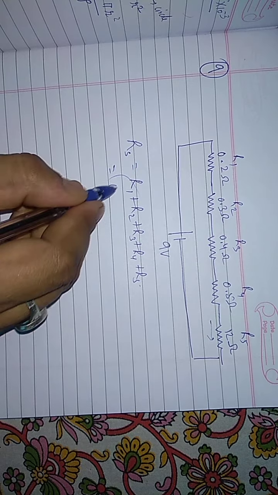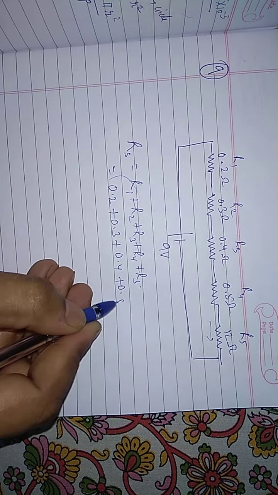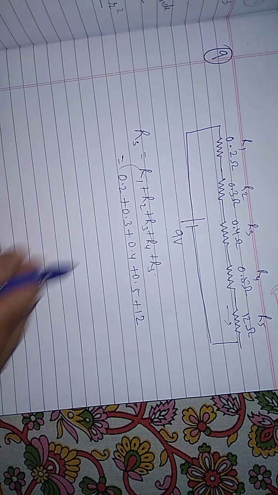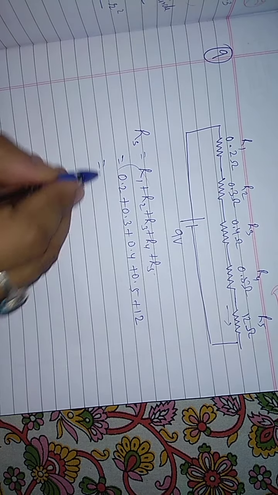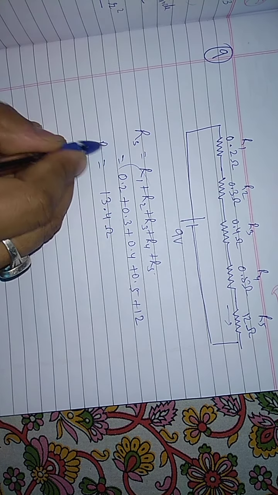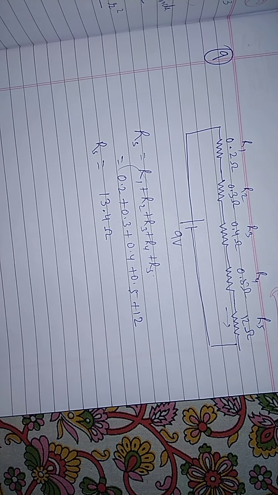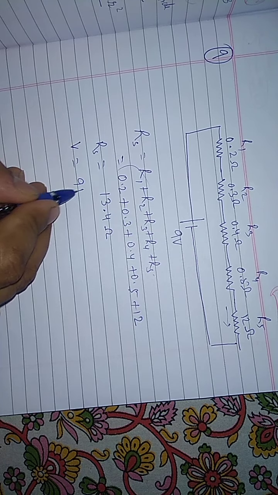The value will be 0.2 plus 0.3 plus 0.4 plus 0.5 plus 12. It is 13.4 ohm. This 13.4 ohm is the total resistance Rs, and V equal to 9 volt.